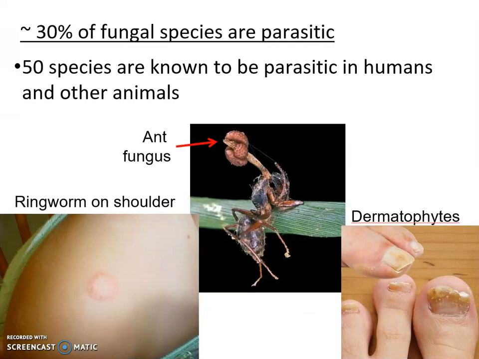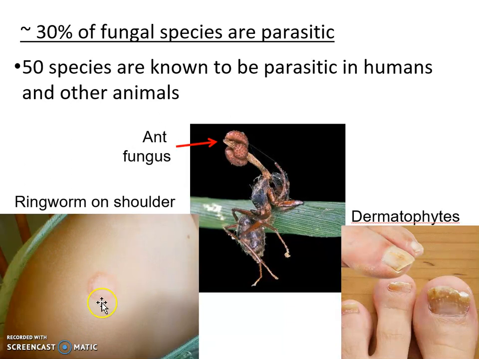The other interesting thing, when you look at the fungus groups, is that about 30% of them are parasitic, with about 50 species known to be parasitic in humans and other animals. A parasite means they benefit from the relationship where they're growing symbiotically with you, but we are actually harmed as a result. I pulled out some examples just to show you.